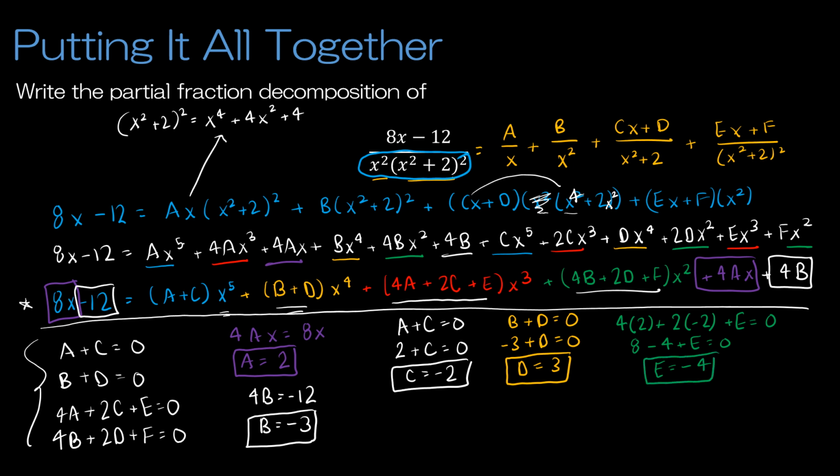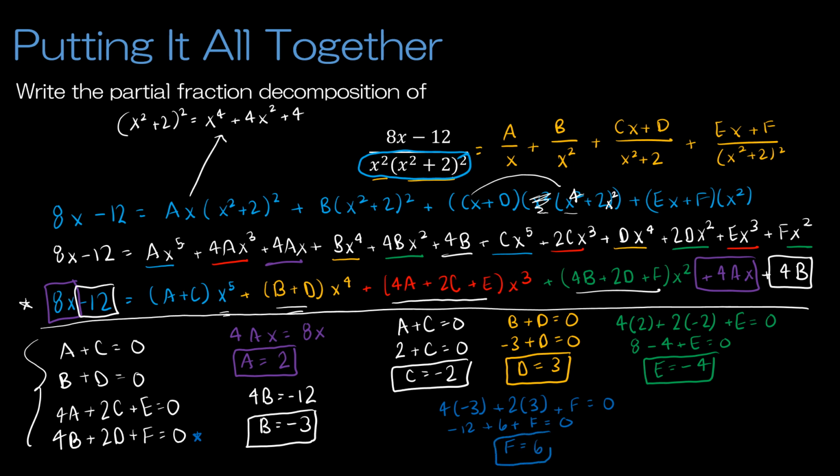And finally, we have for f, b is -3, so I'm using this equation now. 4b plus 2d plus f is equal to 0. That's -12 plus 6 plus f is equal to 0. So that's -6, adding it to each side, f is 6.